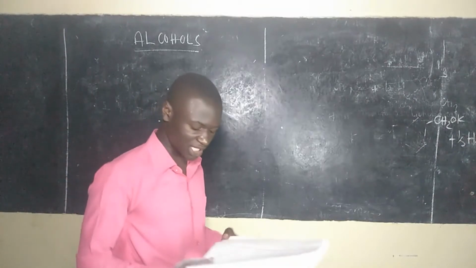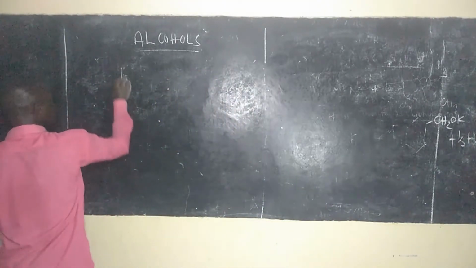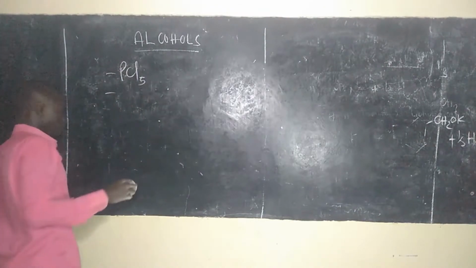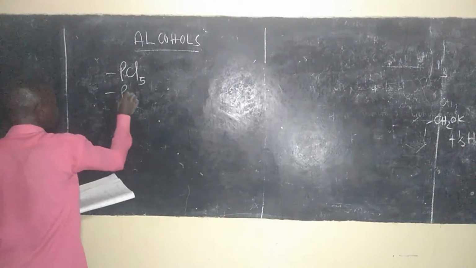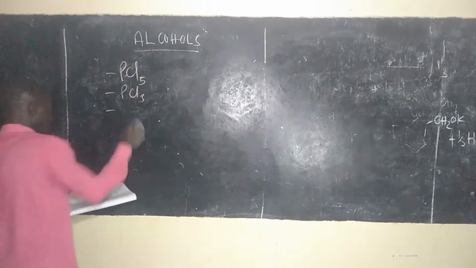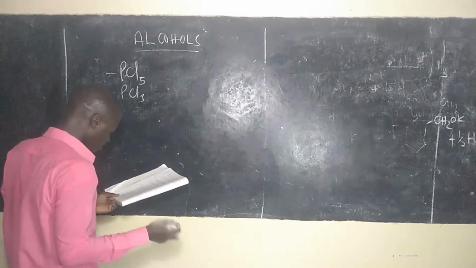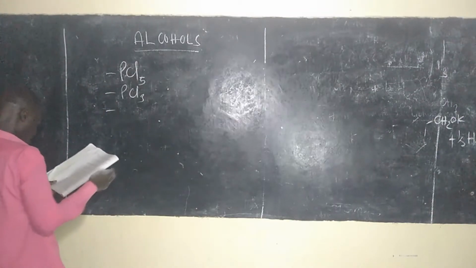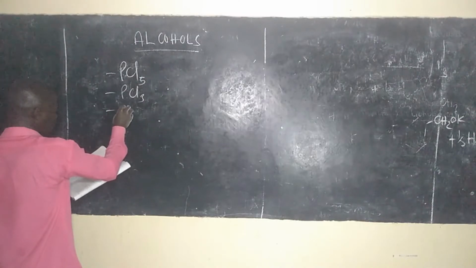So the halogenating agents involve phosphorus pentachloride. Then we have phosphorus trichloride. And then you have another which is thionyl chloride, sulfur thionyl chloride, SOCl2.